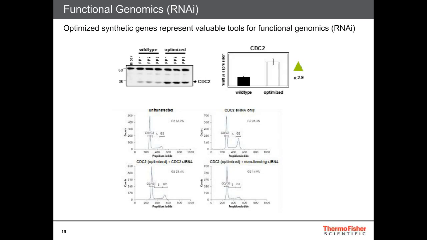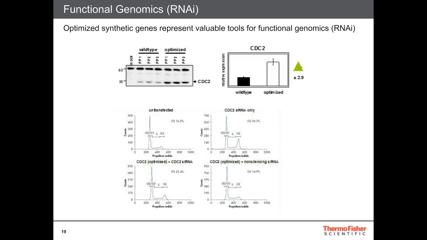ready to enter mitosis. On the upper right, we performed an siRNA-mediated knockdown of CDC2, and we induced a cell cycle arrest, now having more than 36% of cells in G2 phase, which could no longer enter mitosis.